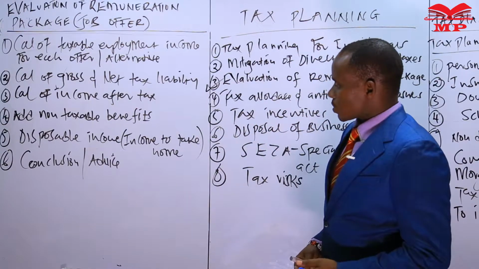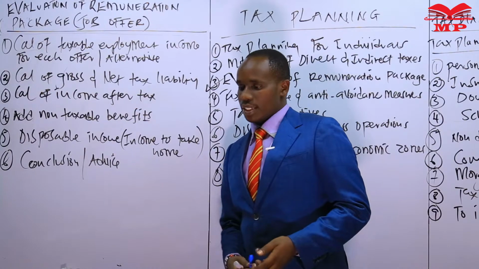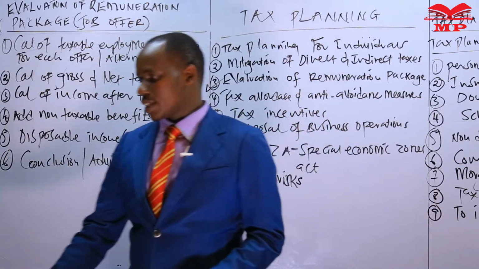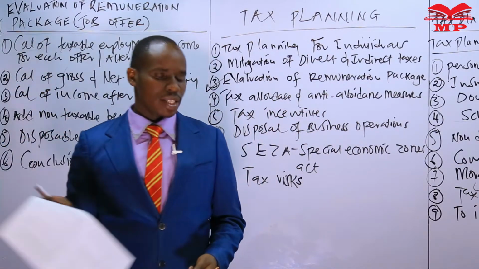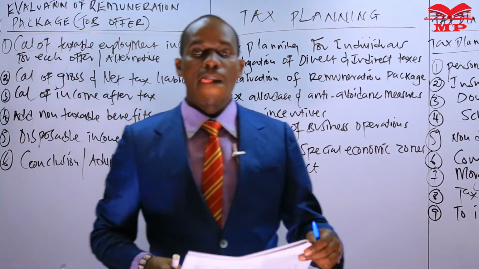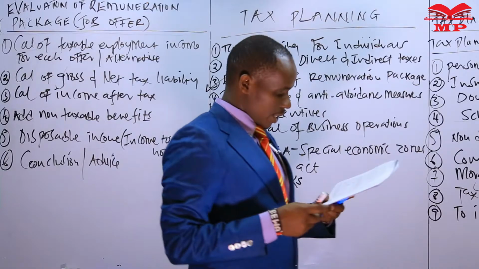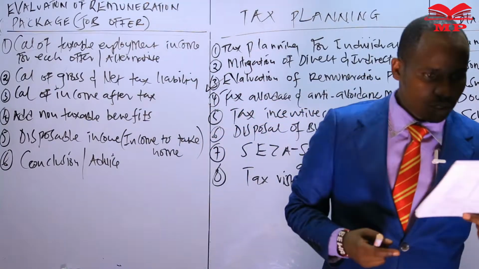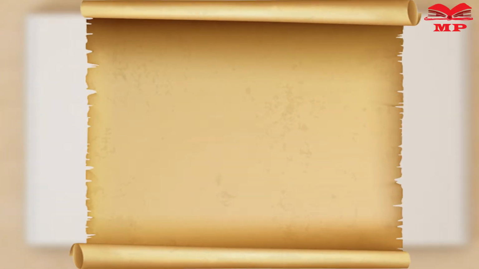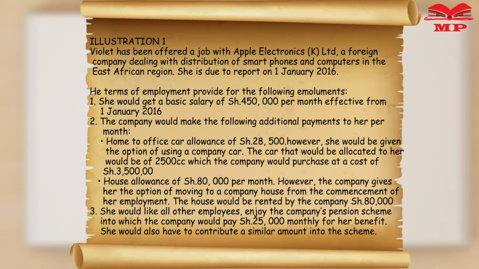And in order for us to understand this practically, I would like us to consider a question so that at least we see how we can evaluate the remuneration package. The question reads like this. Violent Ouma has been offered a job with Apple Electronics Kenya Limited, a foreign company dealing with the distribution of smartphones and computers in East Africa region.